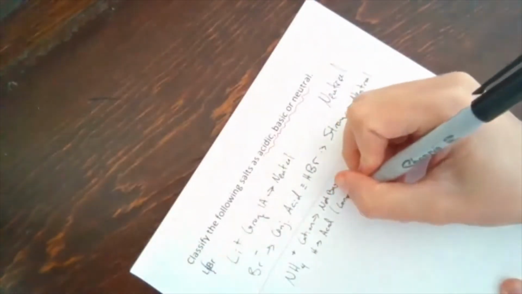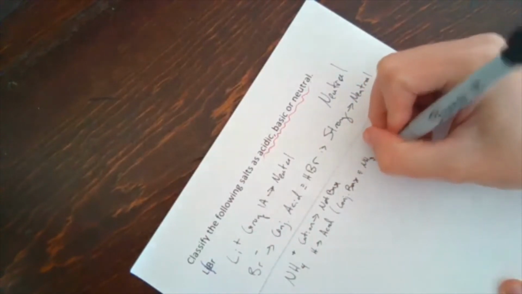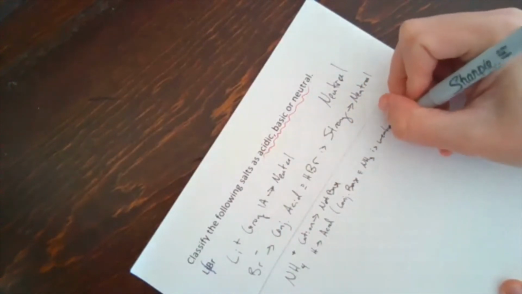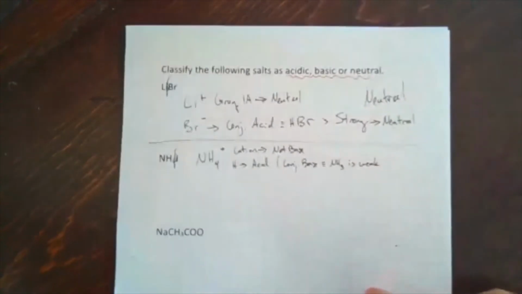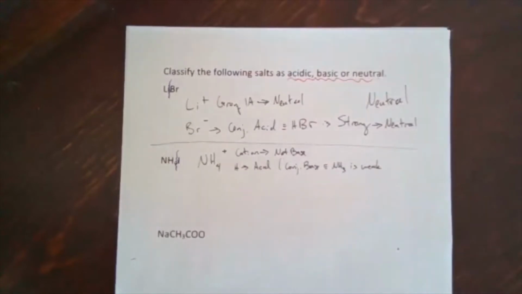One of the things we can also think about is the conjugate base, which is NH3, which is weak. And so if the conjugate is a weak base, that means it itself is a weak acid. When you have a weak acid, the conjugate's always a weak base. So when you're dealing with strong things, the conjugate is not.